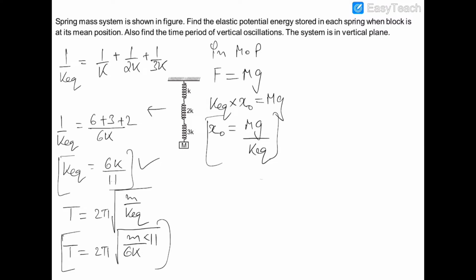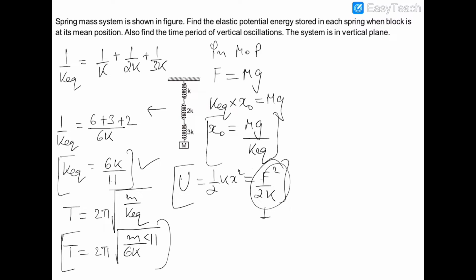Now we have to find out the elastic potential energy stored in each spring. The formula for elastic potential energy is half kx square, and that is also equal to F square by 2k. We are using this formula because in series combination the force developed in all the springs connected in series is the same.